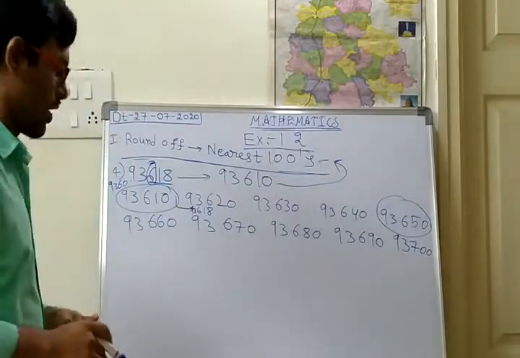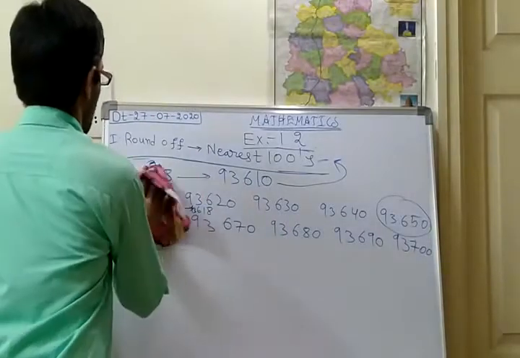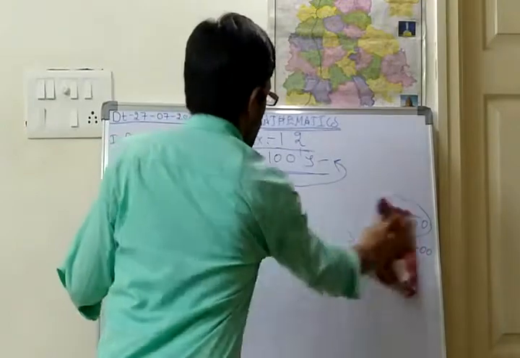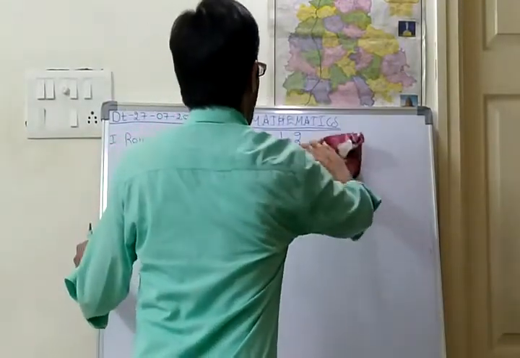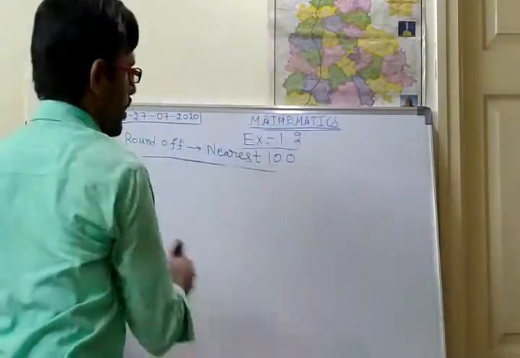In the next bit we shall see the nearest 1000, the nearest thousands. Nearest 1000 means there should compulsorily be 4 digits. If the number has 3 digits or 2 digits, you can't do the nearest thousands.